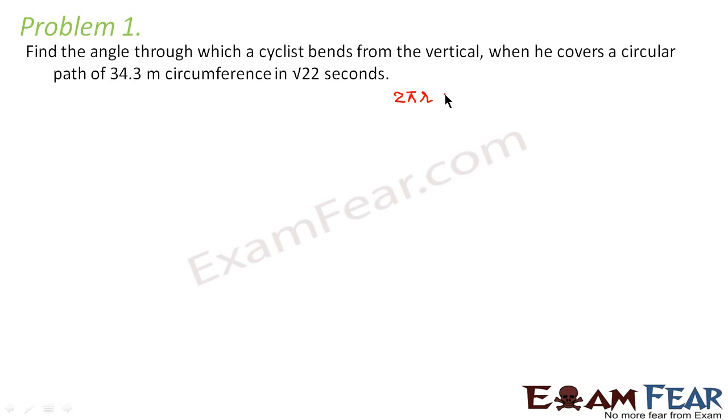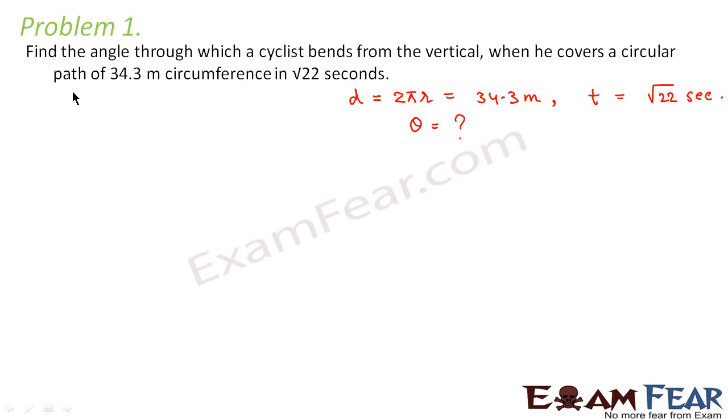It is 2 pi r. So the value of 2 pi r is given as 34.3 meters, and the time taken to cover this distance is t equal to root over 22 seconds. So basically this 2 pi r is nothing but the distance covered by the cyclist. But through which angle does he need to bend? What is the angle that he makes with the vertical?